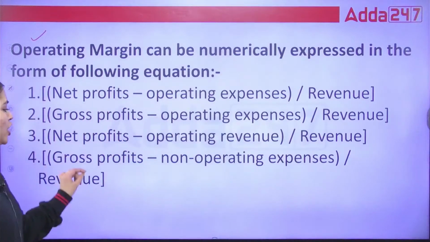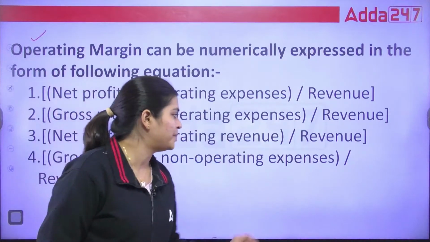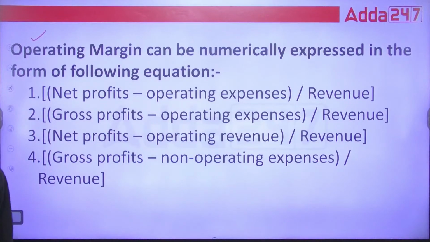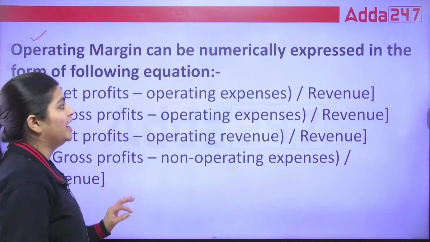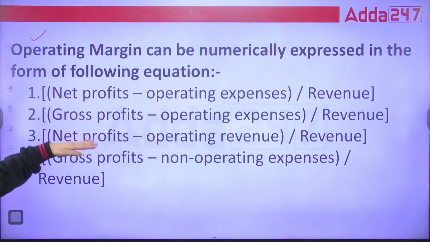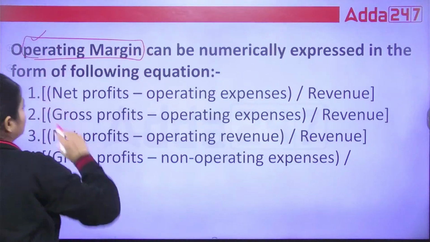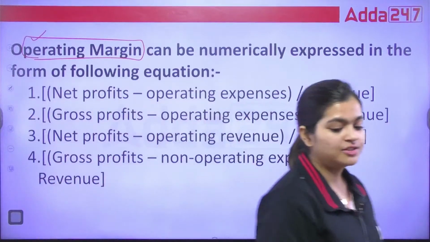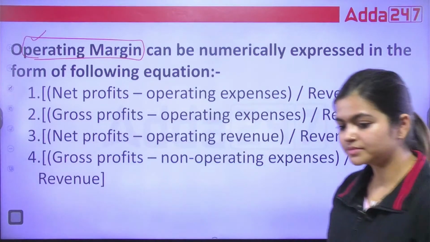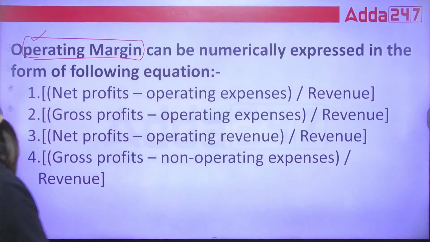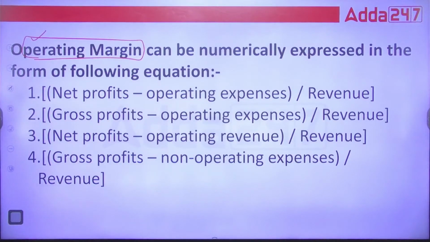And fourth, gross profits minus non-operating expenses divided by revenue. You need to identify which formula specifically talks about the operating margin. Please tell me the answer. First option, second, third or fourth? Which option is correct?